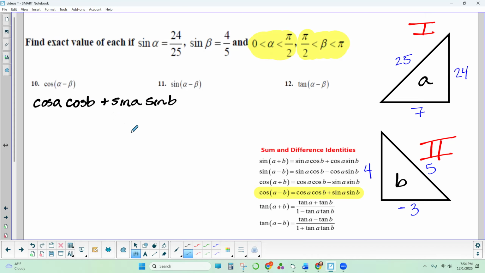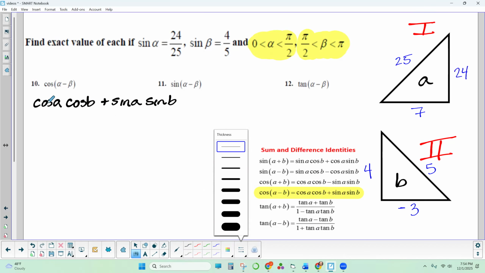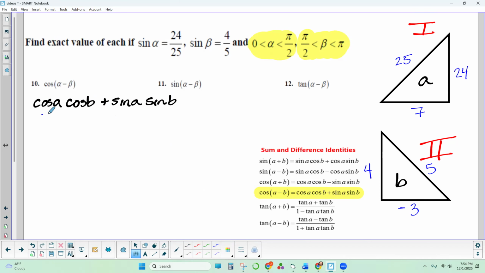So now what we simply do is just take the information that we collected over here and plug these in. So cosine of a, if I go over to a, x over r is 7 over 25. And I'll multiply that by cosine of b, which is negative 3 over 5.